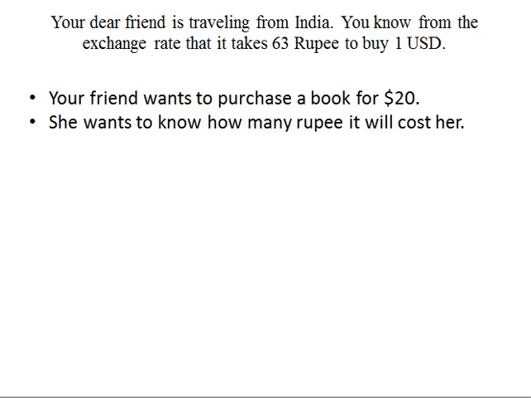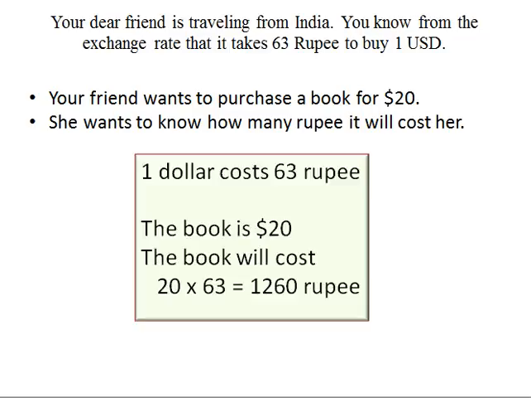Your friend wants to purchase a book and wants to know how many rupee it will cost her. The book is $20, so what we do here is very simple. We take the $20 times the 63 rupee for each single US dollar, and we find out that the book will cost her 1,260 rupee.